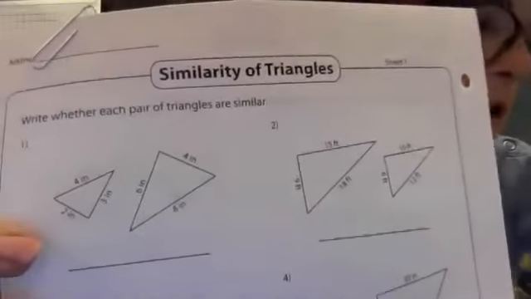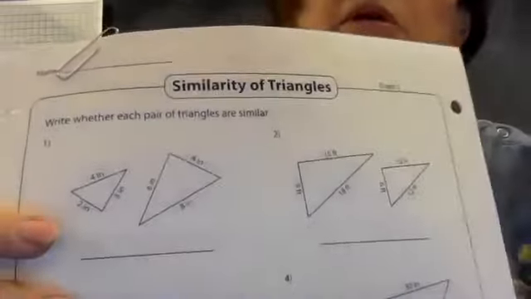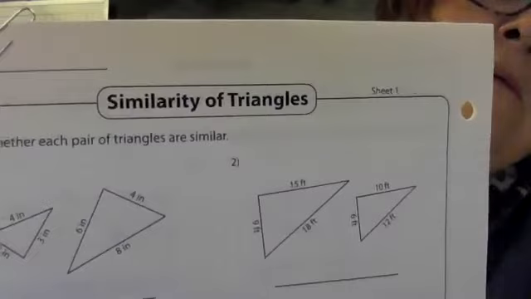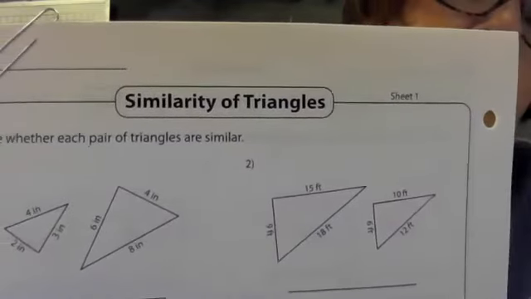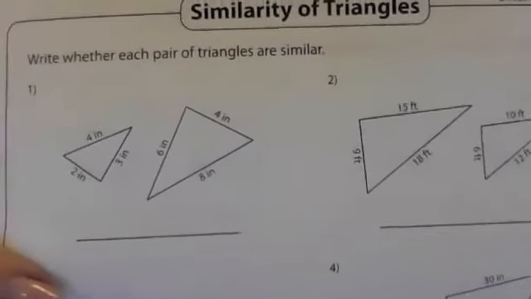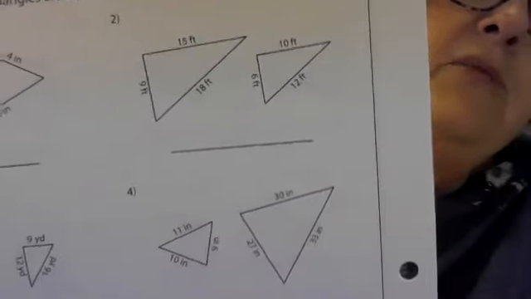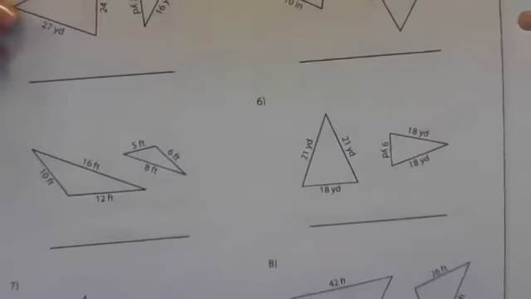The second page that you will be working is the same idea. It says similarity of triangles this time. And up at the top, it says sheet 1. This is page 2 if you number your pages. And in this one, they will be in different directions. Well, that one's the same direction. Different, different, different.